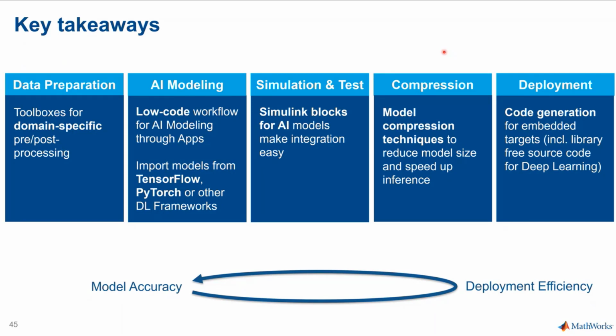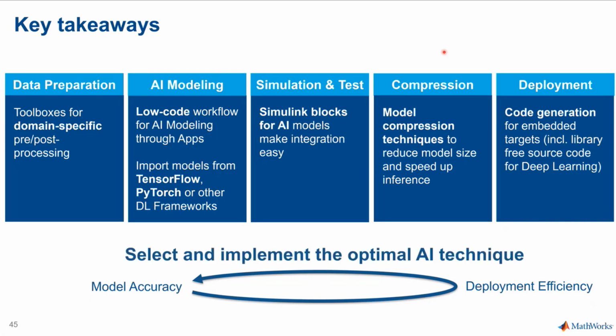And there's always this trade-off that you need to make. Usually bigger models give you better accuracy, but they usually have worse deployment efficiency. So this is the trade-off for you to choose which model to use. And usually you try different ones and then decide.